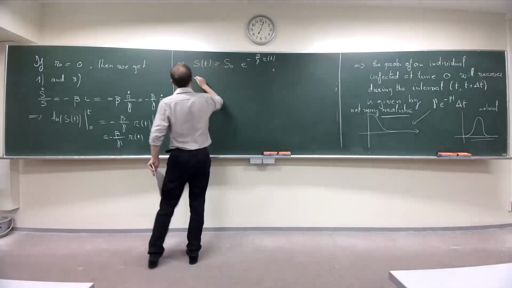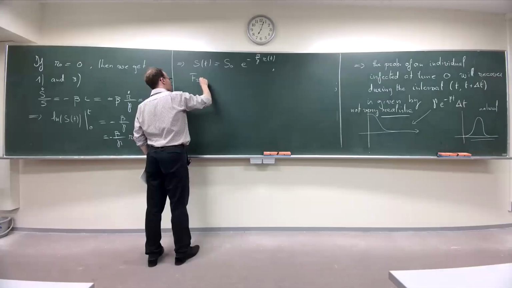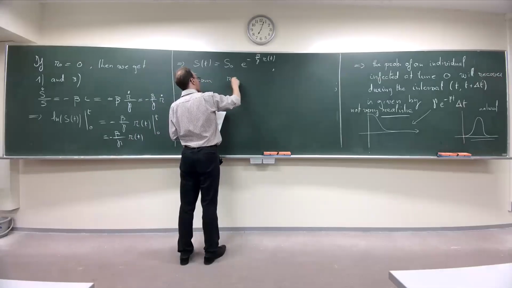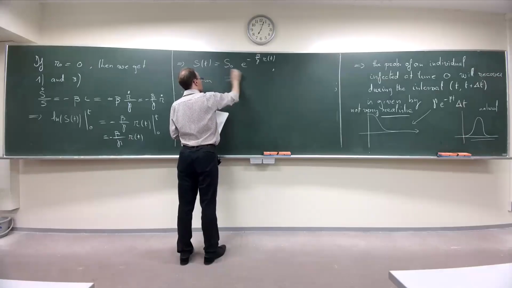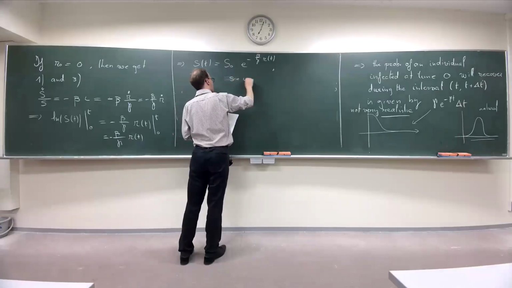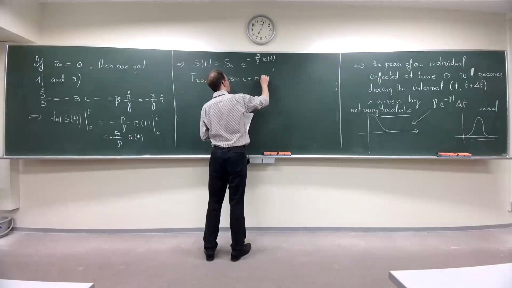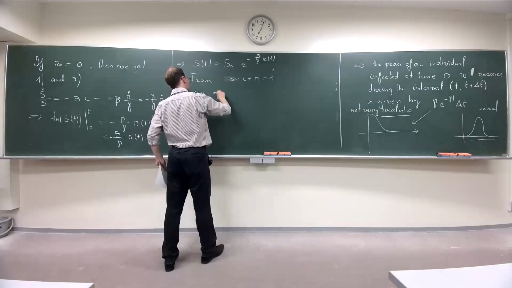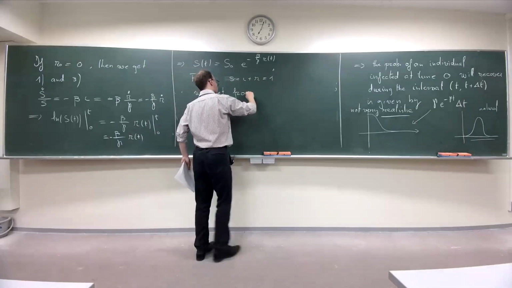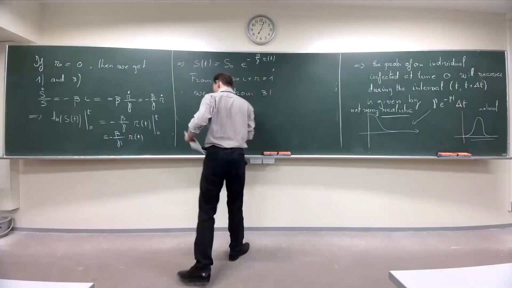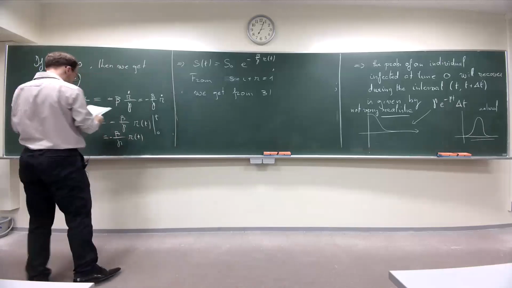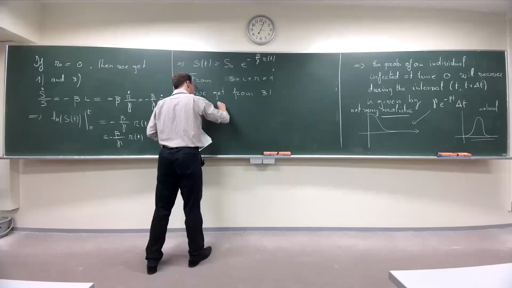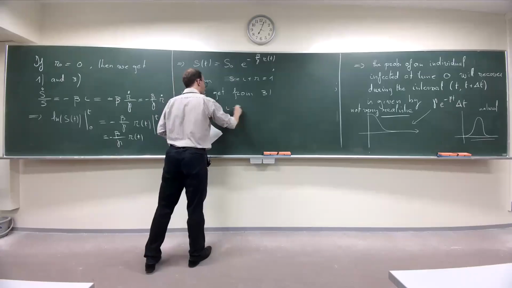And now it's no longer visible, but I insert this from the relation S plus iota plus R is equal to 1. We get, from 3, so I need to write it again. What was 3? 3 was R dot is equal to gamma iota.